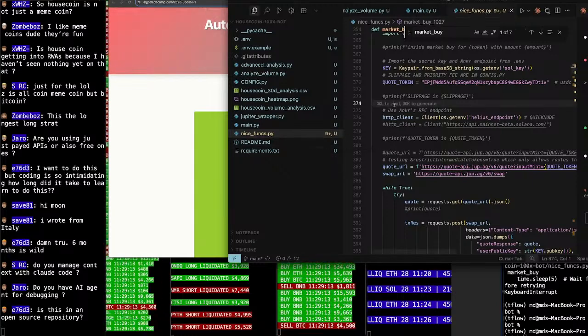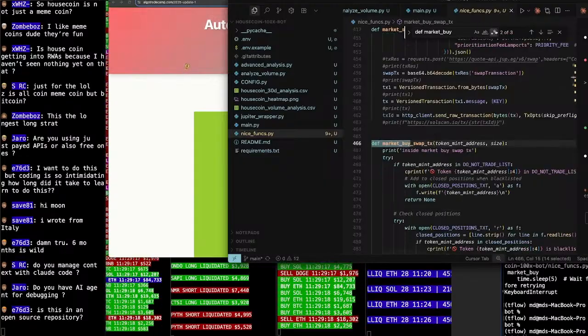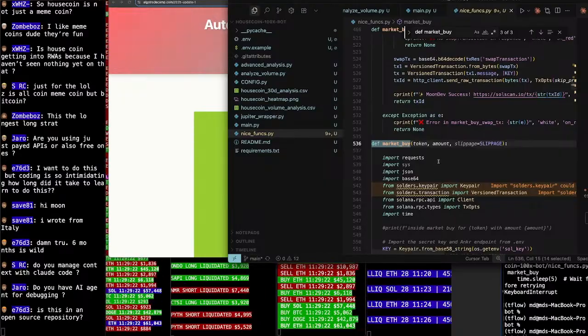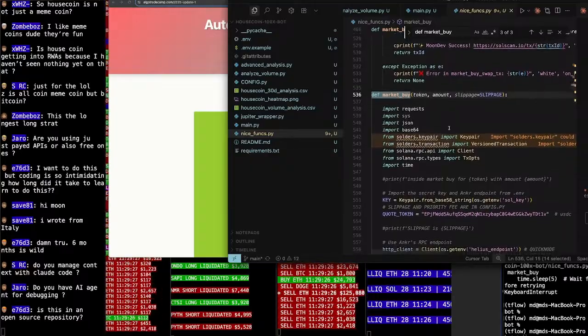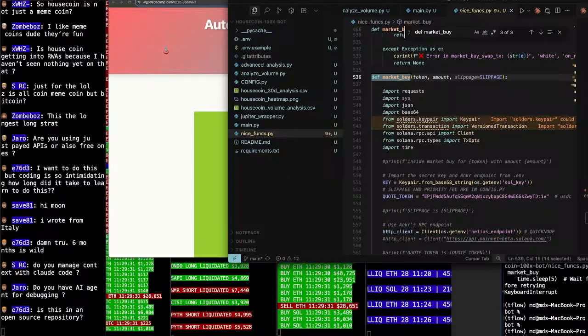Let's go look at that market buy function. Here it is. I bring in my Solana key here. Helius endpoint. I don't think that's what it's called. That's why.